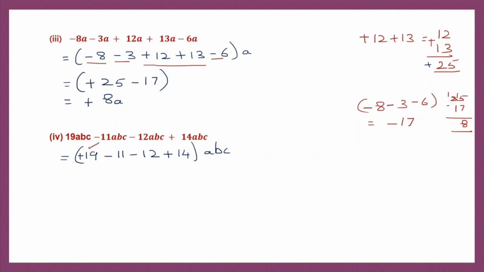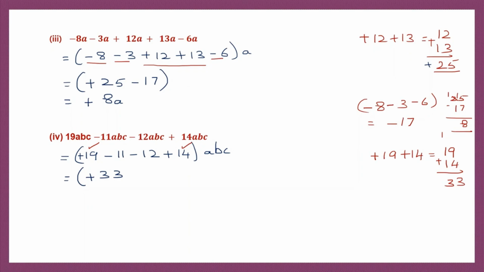That is plus 19 plus 14. Plus 19 plus 14 means addition. 9 plus 4 is 13, carry 1, 1, 2, 3: 33. So we finished the addition. We've got plus 33.